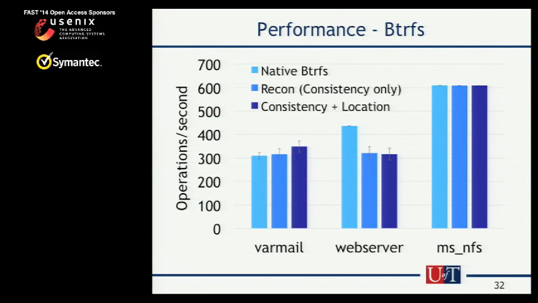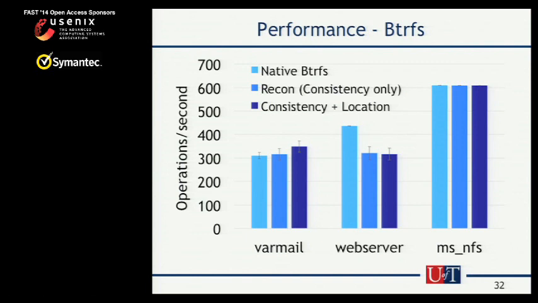For the Btrfs file system, we also see that in some cases the consistency invariants don't really cost us much, except in the case of the web server benchmark. And this might be surprising because web server is a read-heavy benchmark, and all the work that Recon is doing is on the write path.